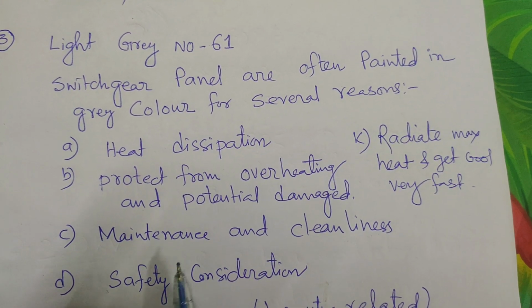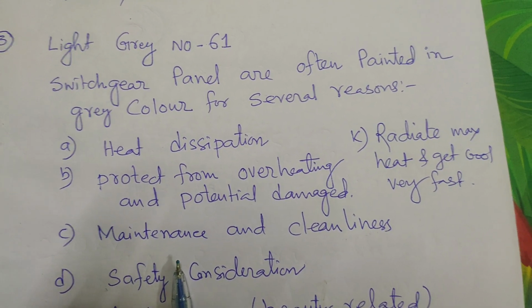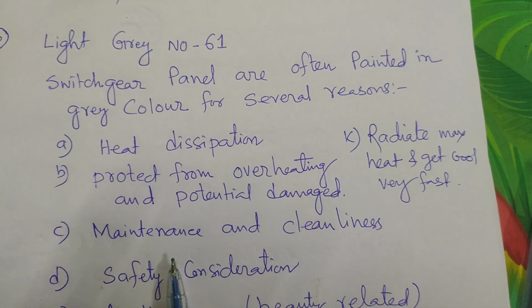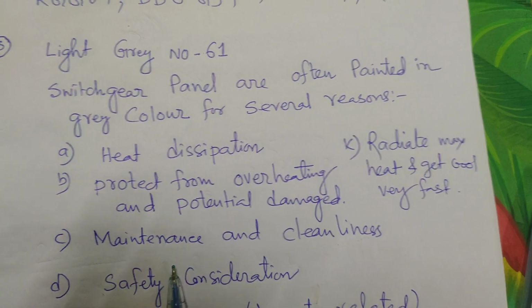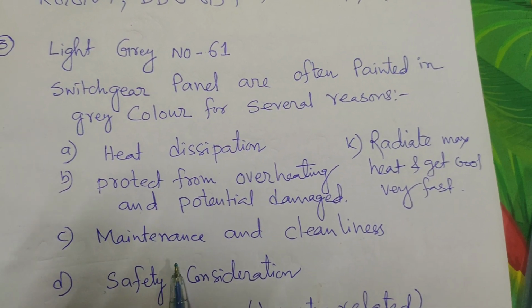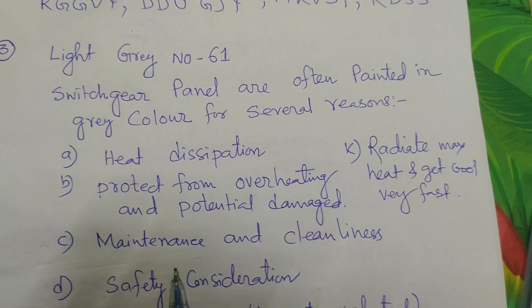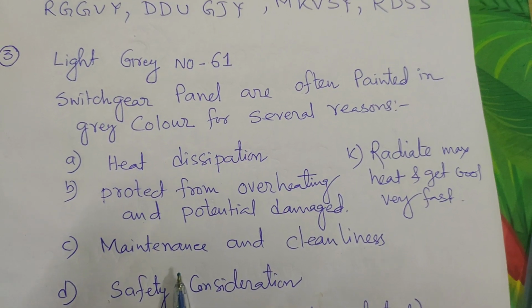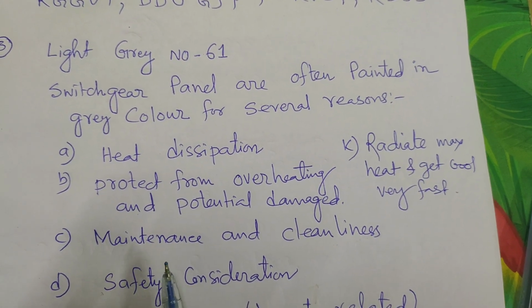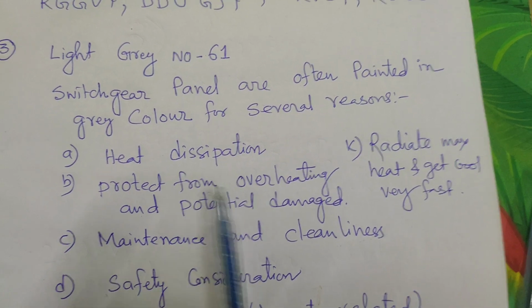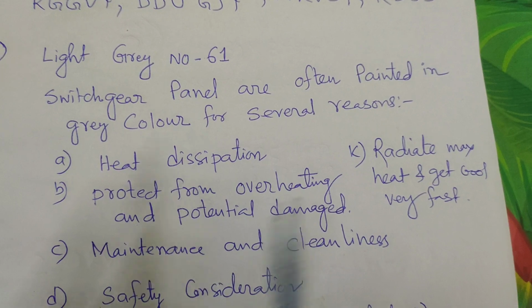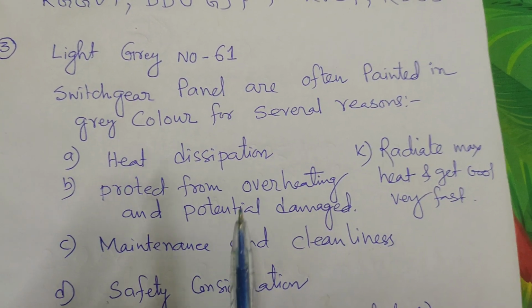Maintenance and cleanliness are very important parts of the equipment. If you clean the equipment, the surface layer will be removed, and that is very helpful for heat dissipation. Heat is the main factor; if overheating occurs, equipment damage will occur.